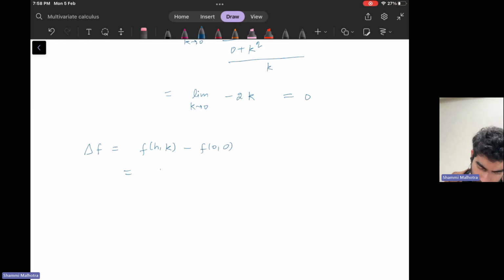And if I check the change in f, this is f at (h,k) minus f at (0,0). So this will be given as (h raised to the power of 6 minus 2k raised to the power of 4) divided by (h square plus k square), minus 0.